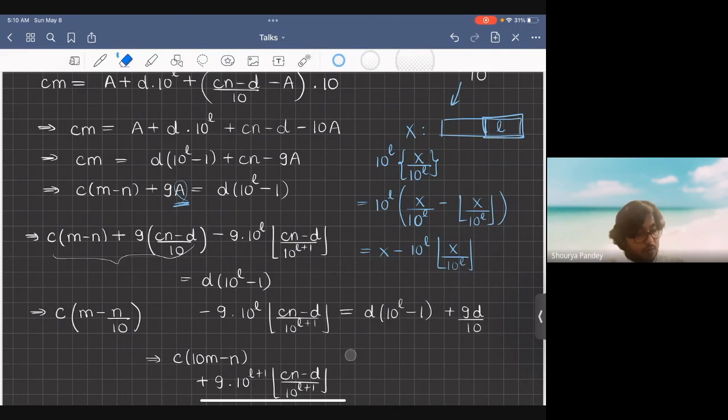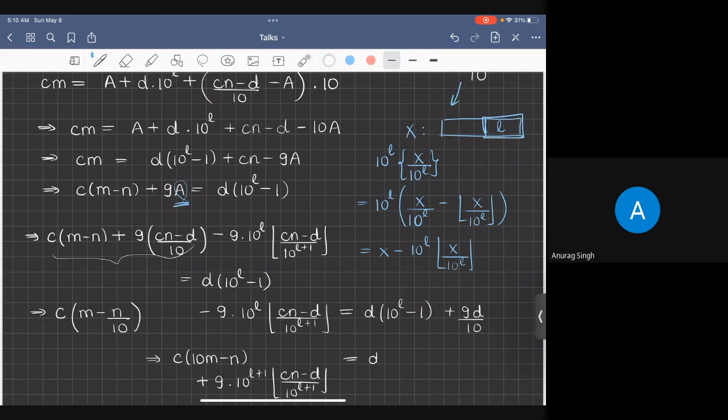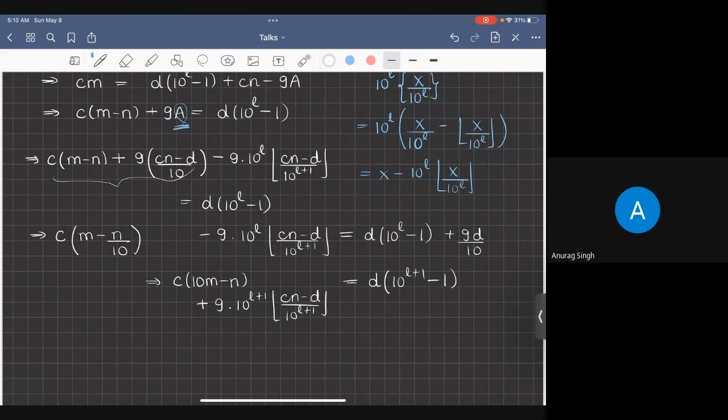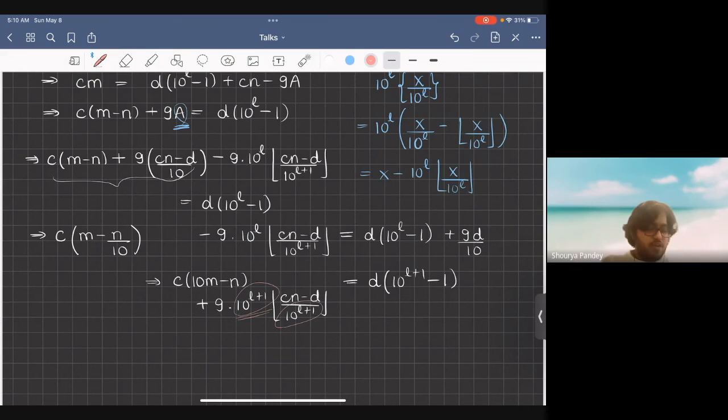I guess you can assign 10 to the L plus 1 to be some number because it is independent. Sure. We can call it some T or something.